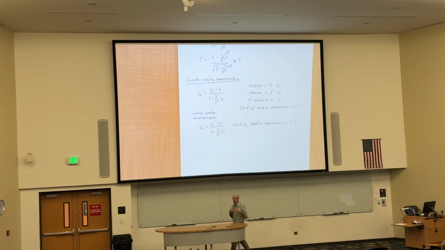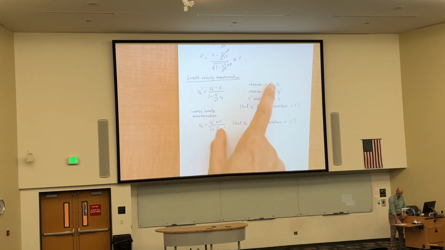And in the first case for the Lorentz transformation, you're trying to figure out what velocity Vx prime I measure for the fly, based on the velocity of the fly that you measure in your reference frame and the velocity of me relative to you, which is V. So this is the velocity of the fly in your reference frame, this is the velocity of me, and this is the velocity that I measure for the fly in my reference frame. Right? And of course, I'm moving much faster than just walking across the room.